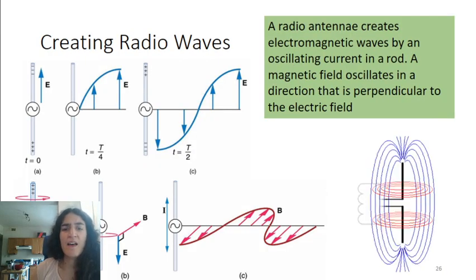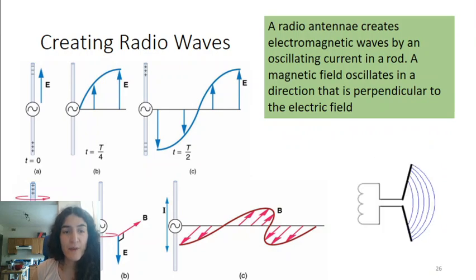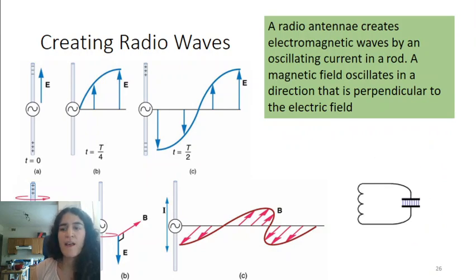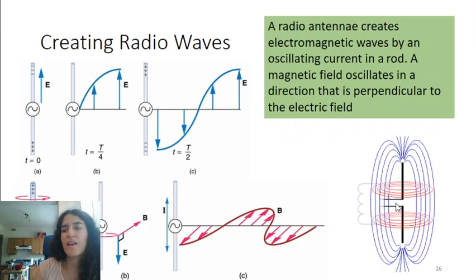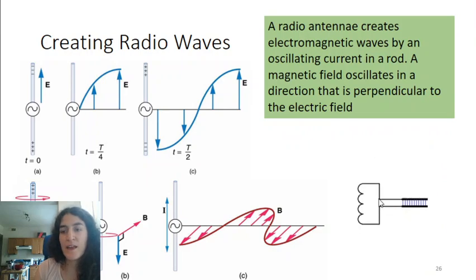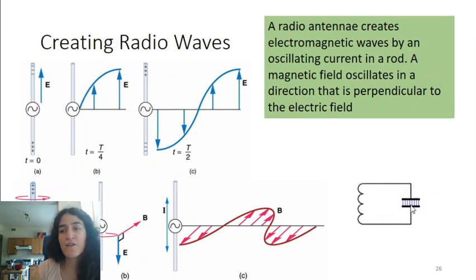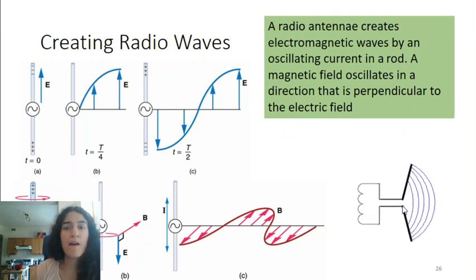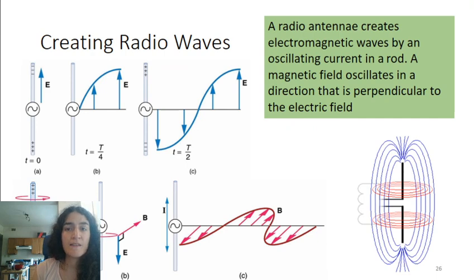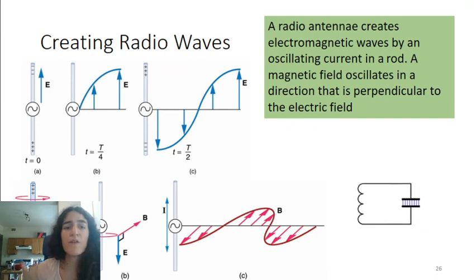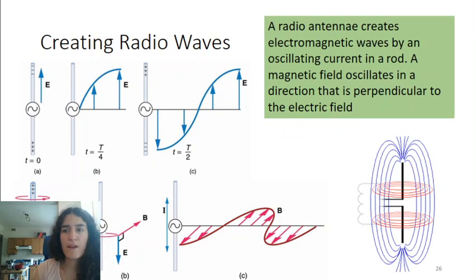Here's a little bit more detailed picture of that same process. Here it's showing that, yes, we know that an LC circuit oscillates in time, but you could think of the capacitor end of that circuit as becoming an antenna that creates an electromagnetic wave, right?